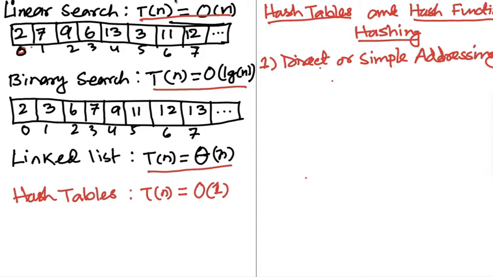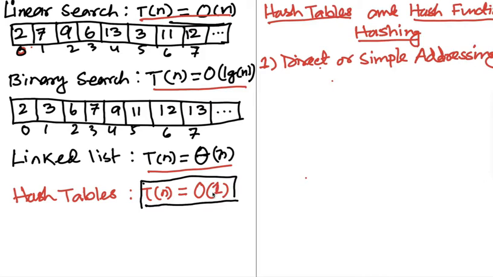In order to reduce the time complexity of the searching process, hash tables are introduced. The goal of a hash table is to develop a data structure that will give us constant time, so we say the time complexity will be big O 1.